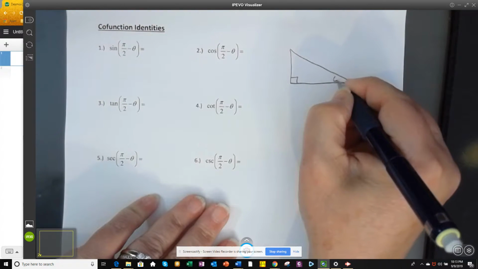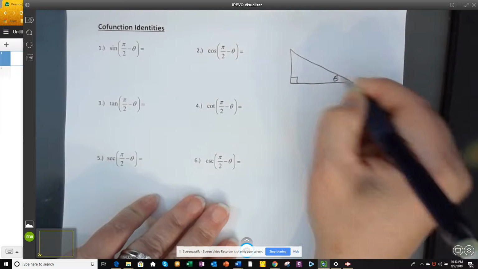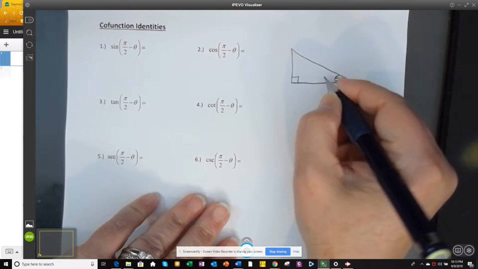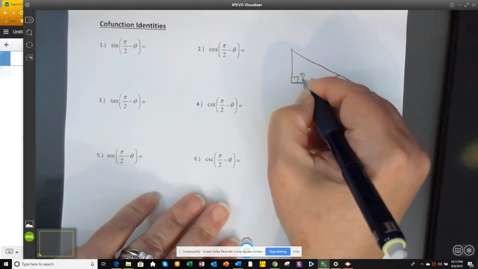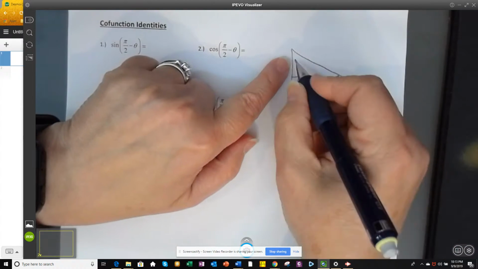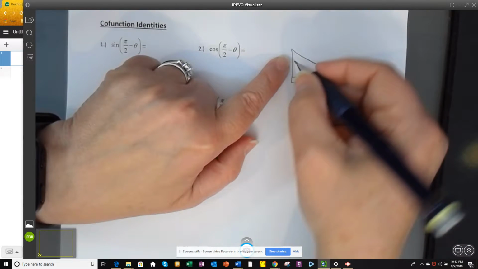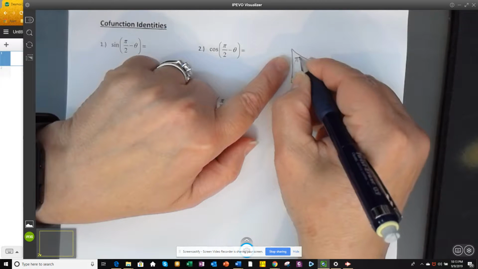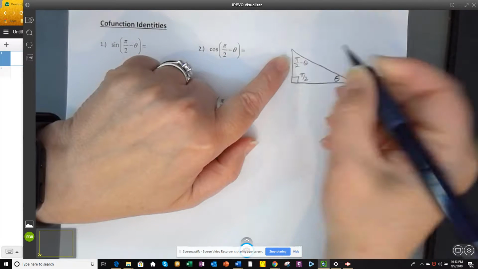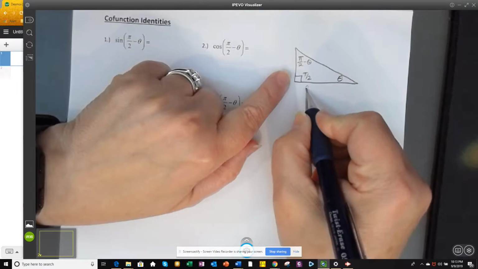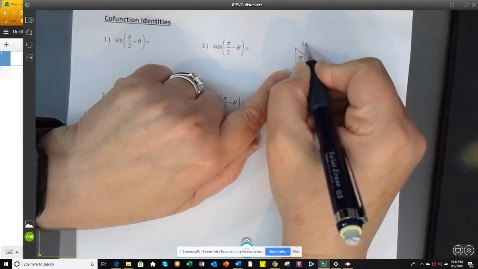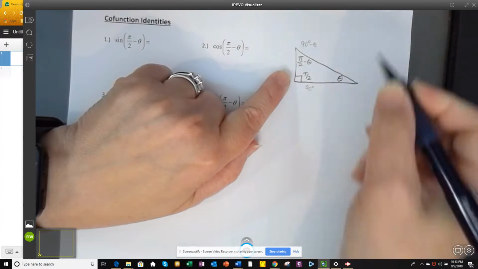And I'm going to name this angle theta. If I'm in radians, this would be pi over 2 or 90 degrees. This angle here, up in the upper left corner, would be pi over 2 minus theta. Remembering this is 90 degrees and this is 90 minus theta, that's the same thing in degrees if it helps.